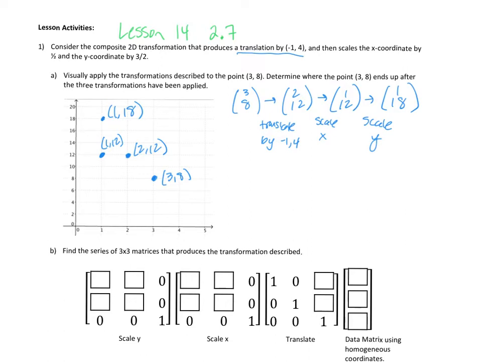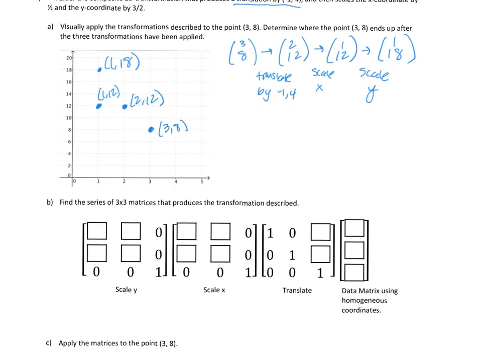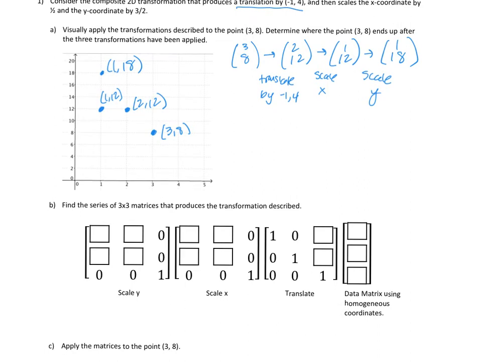I'm going to set it up using matrices so that I can just do a quick calculation on a computer to tell me where all the points land. Okay, so the way this works is we use homogeneous coordinates, which means my data point is (3, 8), and we just use a 1 as a placeholder. That's what homogeneous coordinates means.